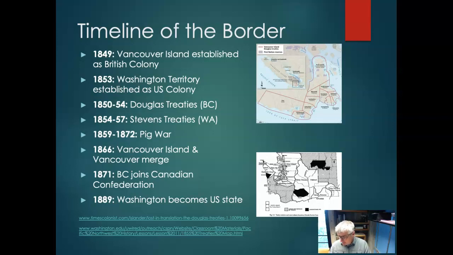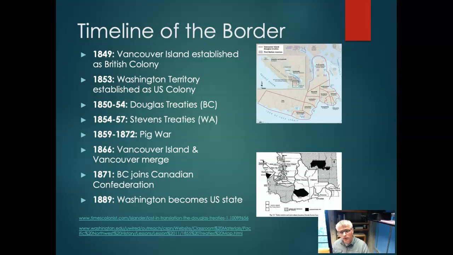But the short is that the Douglas Treaties were not as comprehensive as the Stevens Treaties, which are most of the Washington treaties: Treaty of Point Elliott, Point No Point. A lot of these treaties are all referred to as Stevens Treaties. He was in charge of getting treaties signed in Washington, and they all more or less follow the same template.